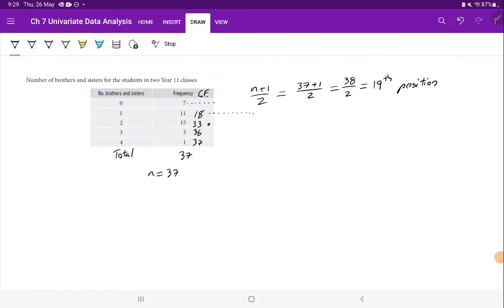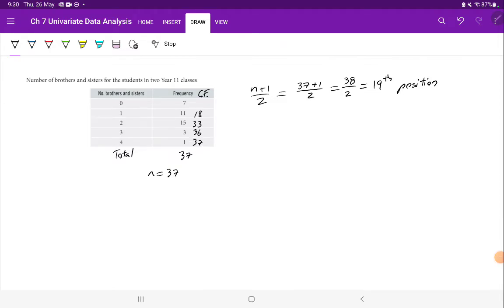Now, we can actually use the cumulative frequency to work that out instead. What this says is that the first 18 numbers are zeros and ones. This number says that the first 33 numbers are 2 or smaller. This one says the first 36 numbers are 3 and smaller, and this one says that there are 37 numbers that are 4 and smaller.